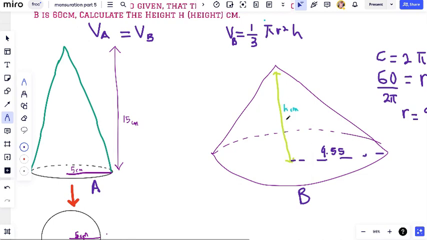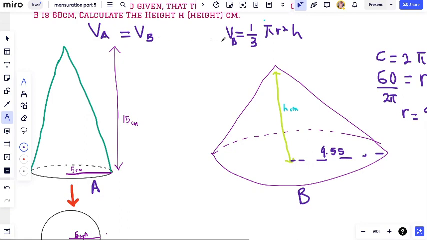But to find this H, you must know the volume. You cannot use the one you're looking for to find the volume. You have to use this one to find the volume, and that volume we get is VA.